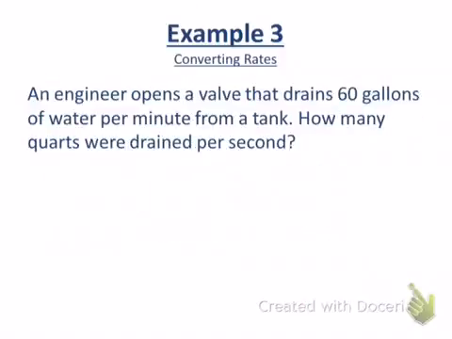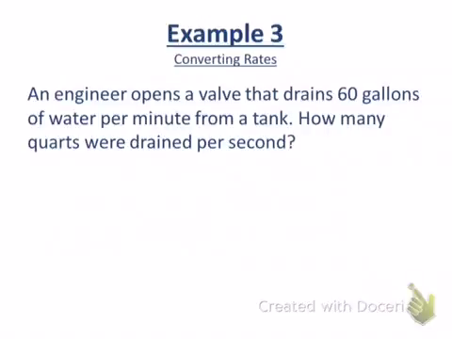All right? Now, an engineer opens a valve that drains 60 gallons of water per minute from a tank. How many quarts were drained per second? There's 4 quarts in a gallon. Yeah, so this is causing us to have to do 2 unit conversions, right? Yep.